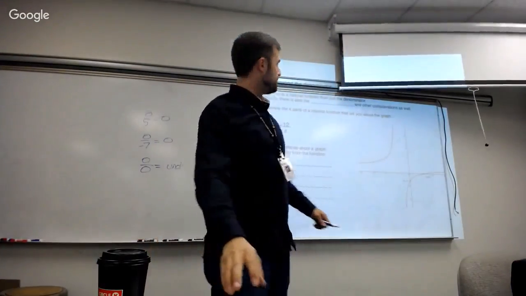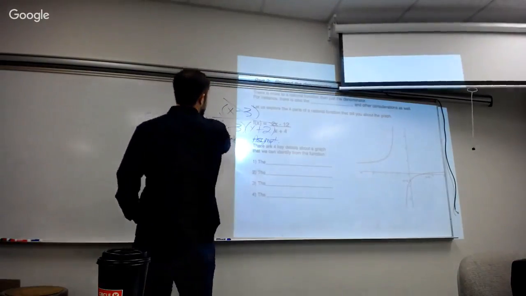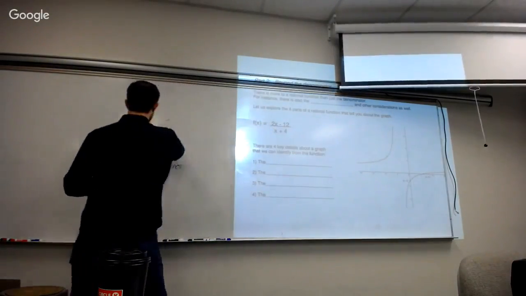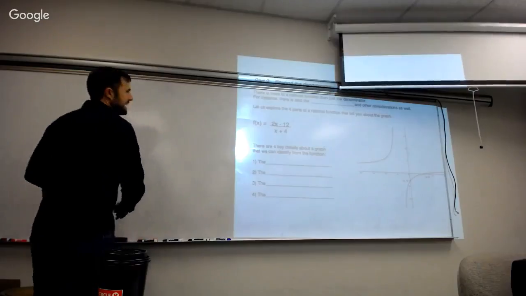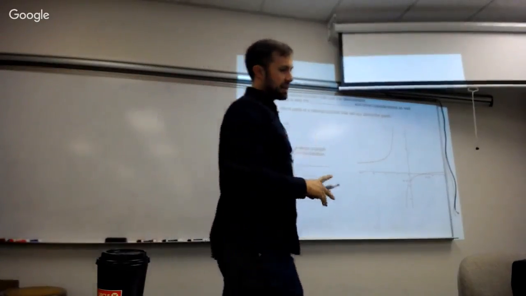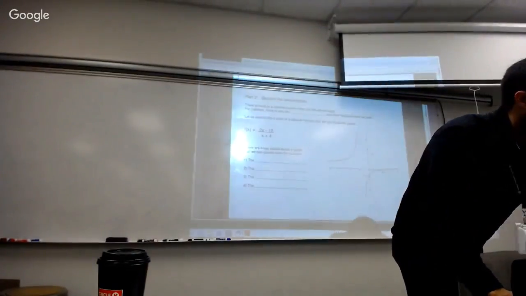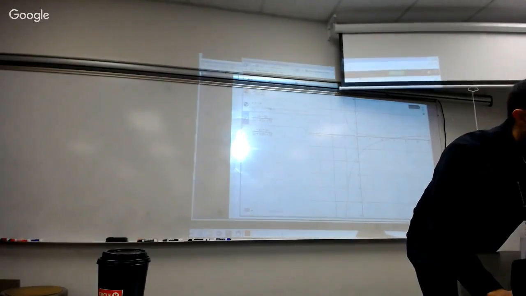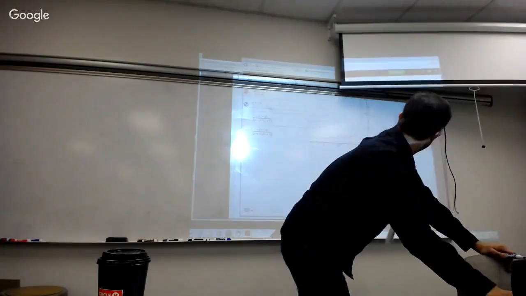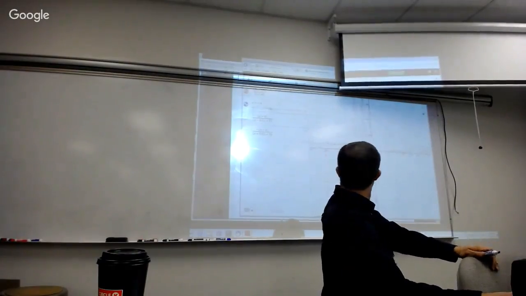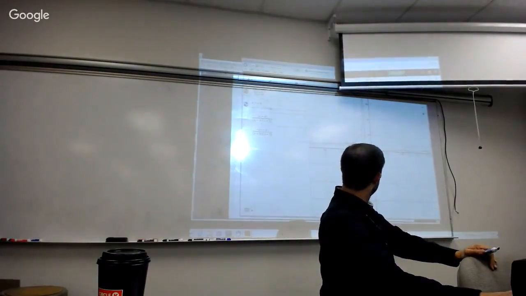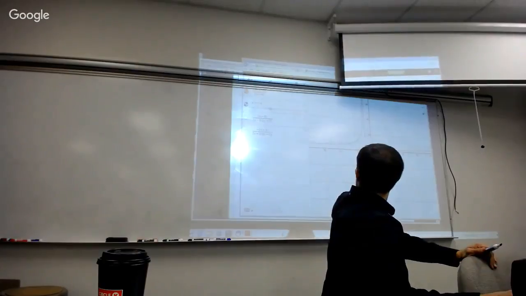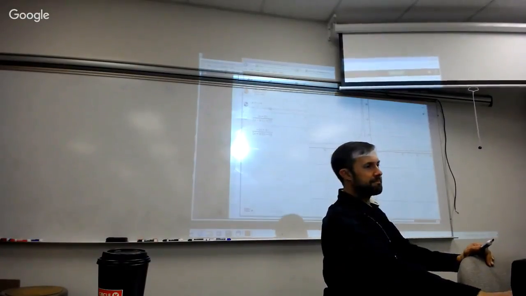So we're looking at a new rational function here, 2x minus 12 over x plus 4. And there's a picture of it right there. Again, this is a different function than the one we looked at the other day. So everyone see the function here? It's the classic rational function. Except what's different about it?